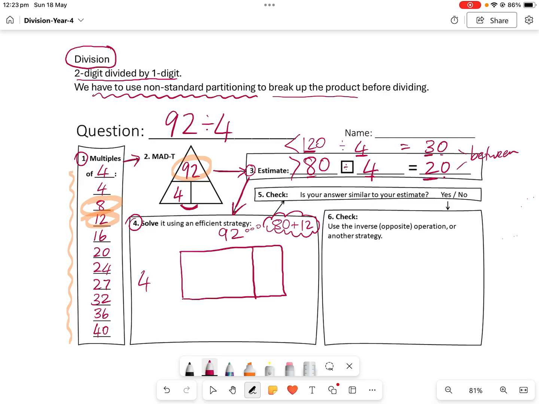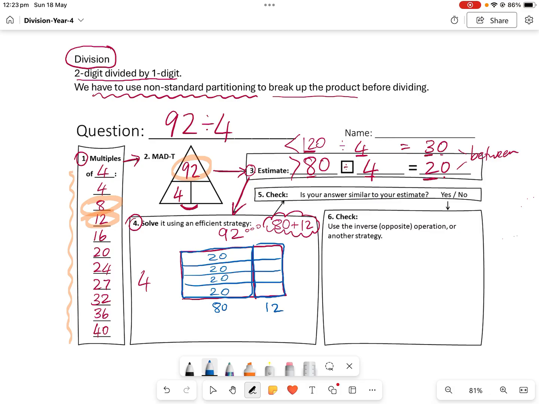All right, so I'm going to break this part up. This whole rectangle, that array, is worth 80, and this whole array is worth 12. So I'm going to divide the whole thing by 4. 80 divided by 4: 4 whats make 8? 4 2s make 8, so 4 20s must make 80.